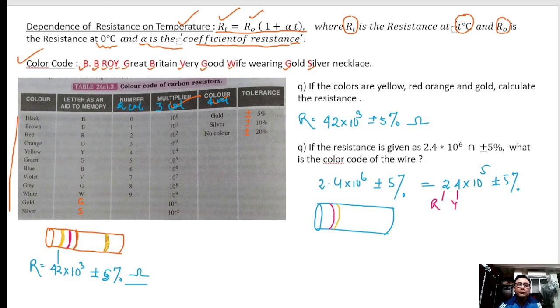As you can see, 10 to the power 5 means green, so a green strip will be there. Next is plus minus 5%, which is gold, so we will use the golden color here. So this is the color coding of this conductor. Clear?